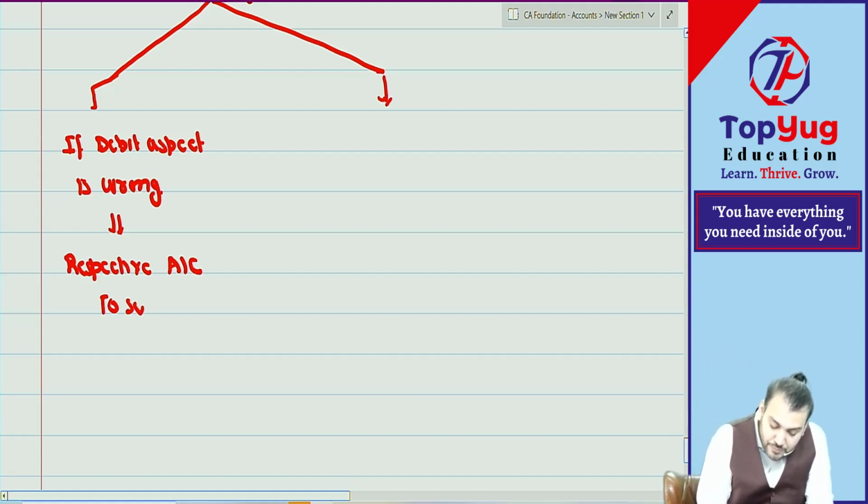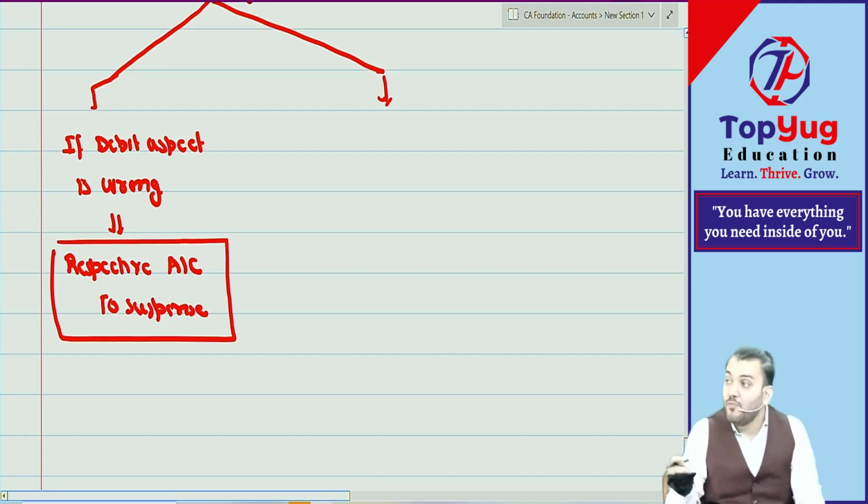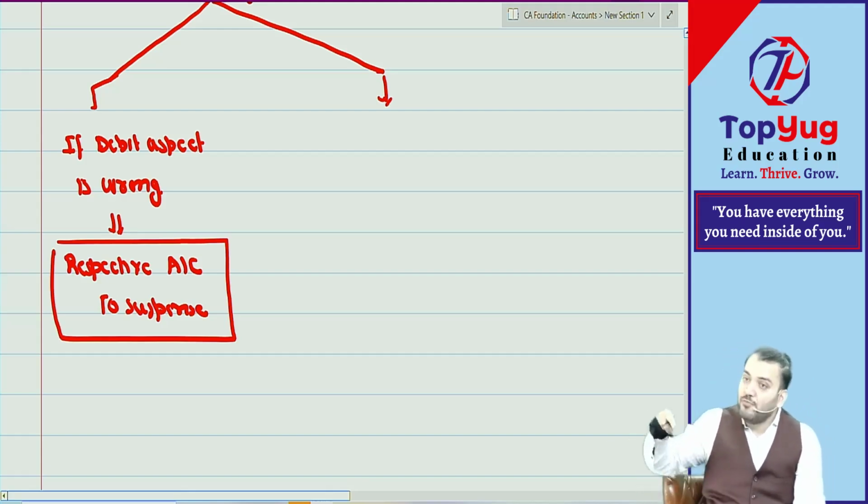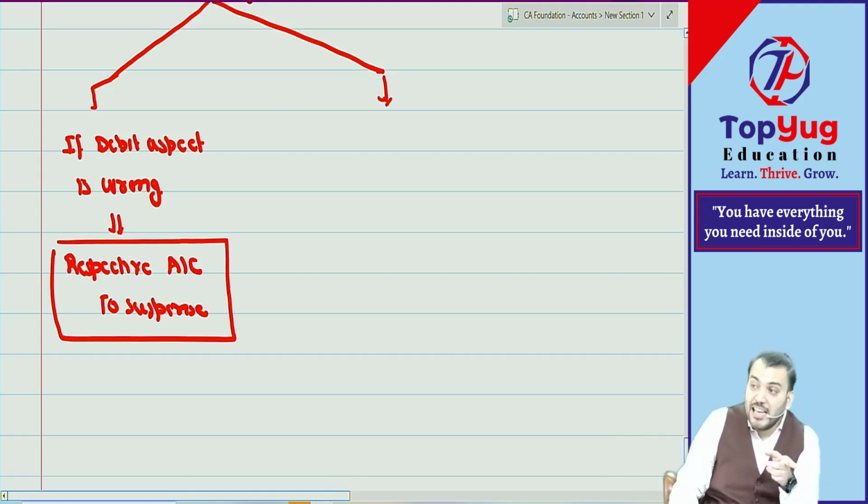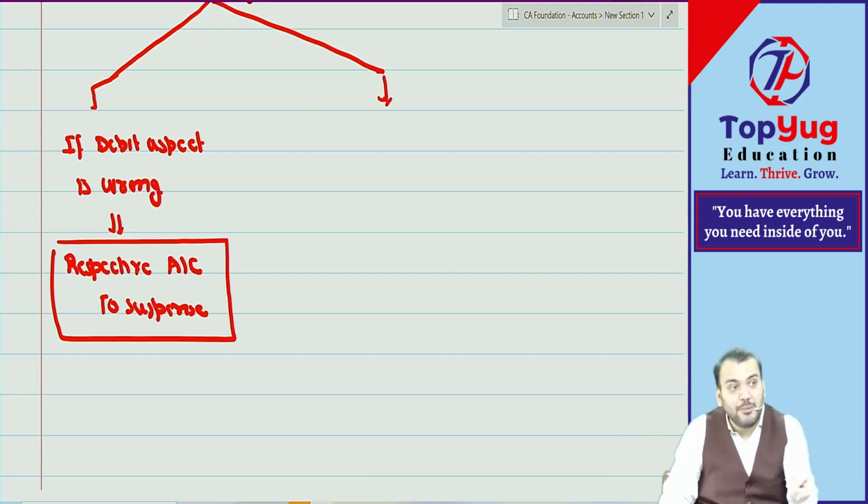Have you understood? Have you understood? Means from the given information in the question you have to find out whether one-sided or two-sided. If one-sided, which aspect is wrong? If debit aspect wrong, then respective account debit to suspense.